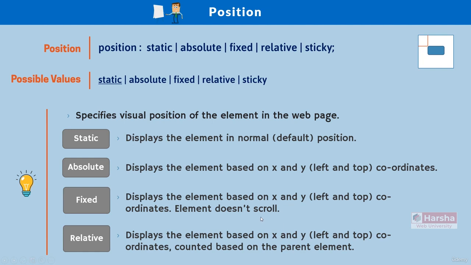But fixed elements will always stay fixed at their x and y coordinates and don't move when you scroll the page up and down. And in case of relative, the x and y coordinates will be calculated from the parent element instead of from the page left margin and page top margin. Let me demonstrate all these property variations practically.